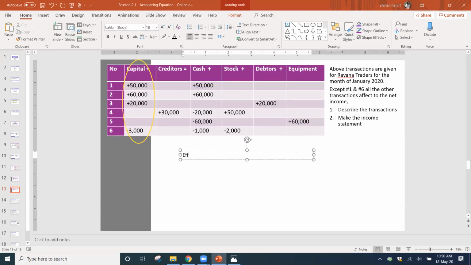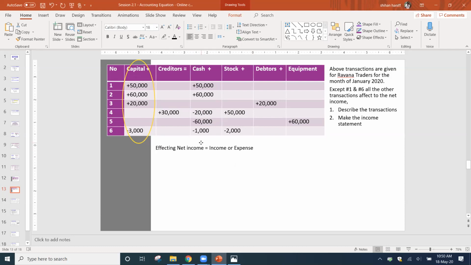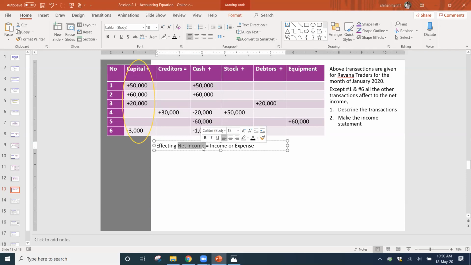Meaning of affecting net income means it is either income or expense. So only income or expense will affect the net income. What is net income? Net income means profit.